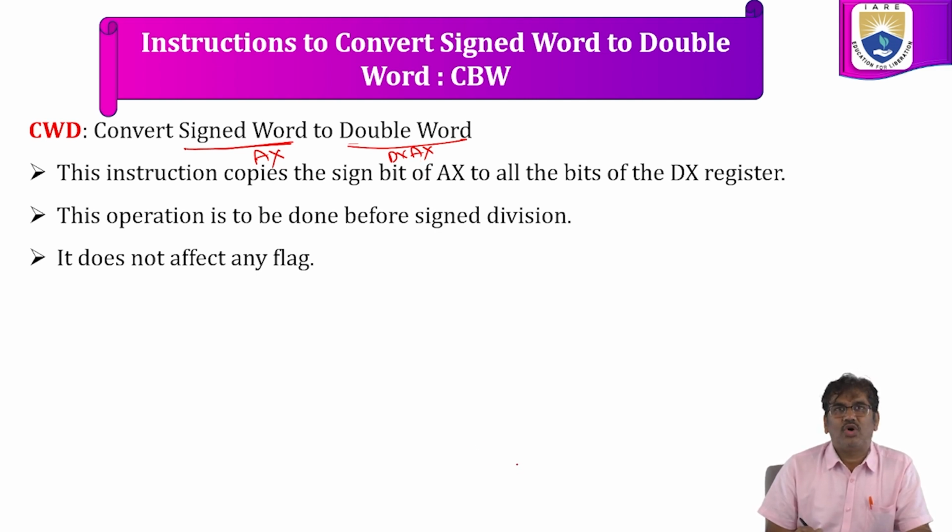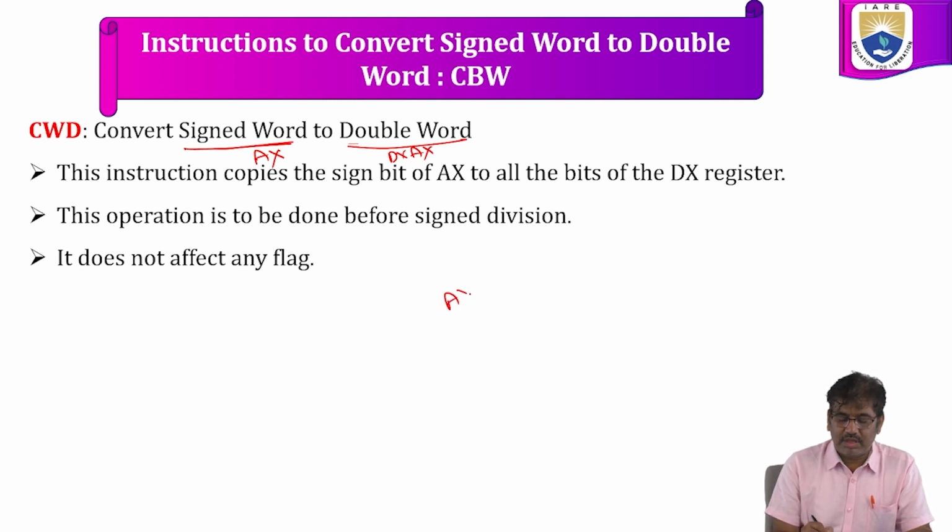This instruction copies the sign bit of AX to all the bits of the DX register. This operation is to be done before a signed division operation. It does not affect any flags.